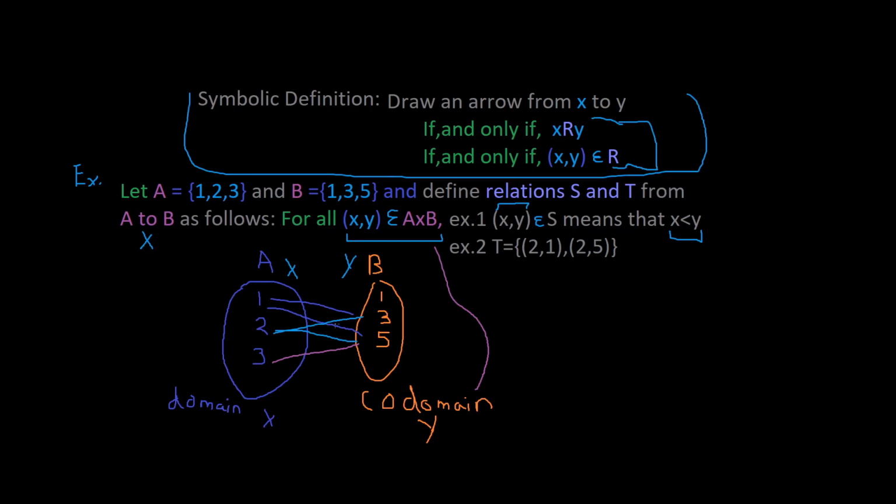This was the relation for S. Right, we just solved the relation for S. Now we're going to have to solve for the relation of T. And so now we draw another domain, which is going to be a set A. And we're going to draw another set B, right?